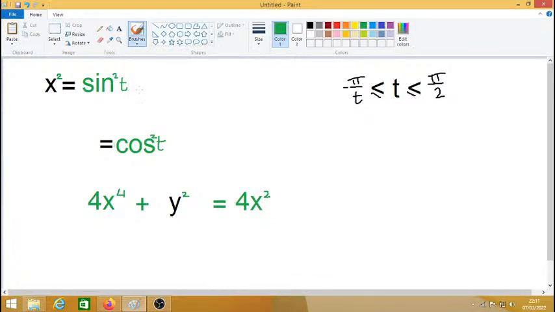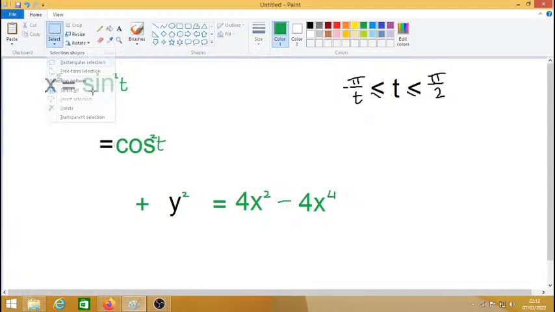So we've got 4x squared can stay there, and the 4x to the power 4 can come across. So that's a minus 4x to the power 4. That's your final answer. y squared is equal to 4x squared minus 4x to the power 4.